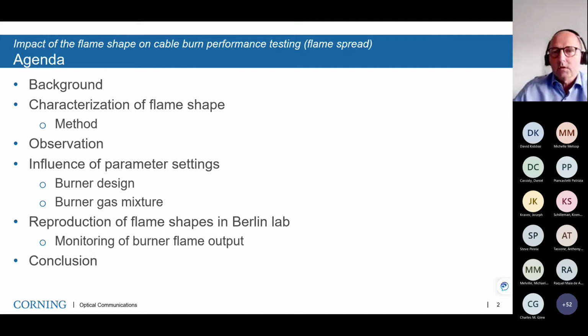Next, I will talk about the parameter settings that could influence the flame shape, as well as the flame spread, today with a focus on the burner design and the burner gas mixture. I would like to show examples of flame shapes we have reproduced in our laboratory and the outcome. And I want to talk about the monitoring and the output. Finally, coming to the conclusion and the outlook.